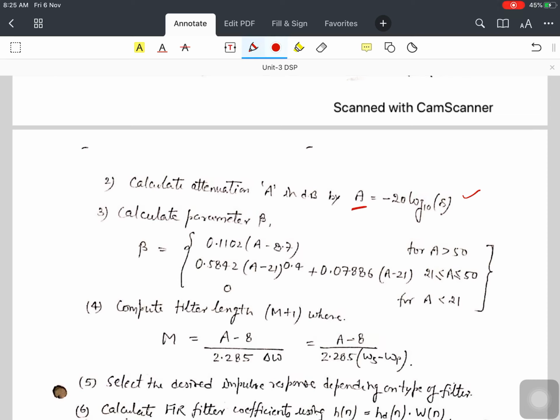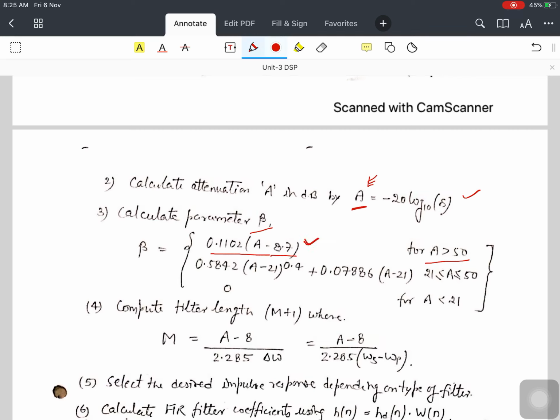Now for the beta calculation, beta equal to 0.1102 (A minus 8.7) when A is greater than 50. So whenever you calculate A, and if A comes greater than 50, then beta equals this one.